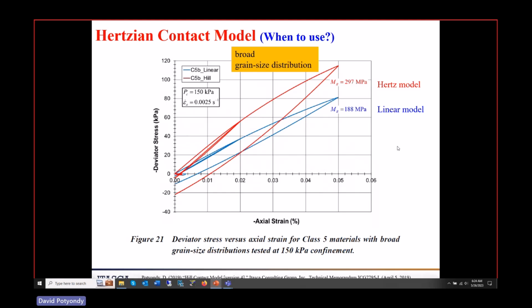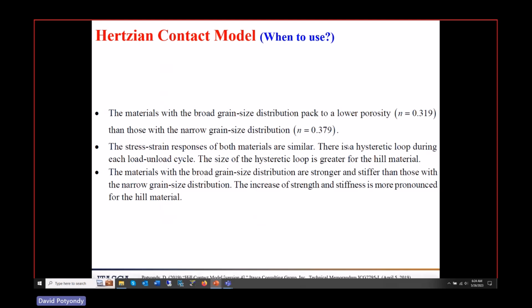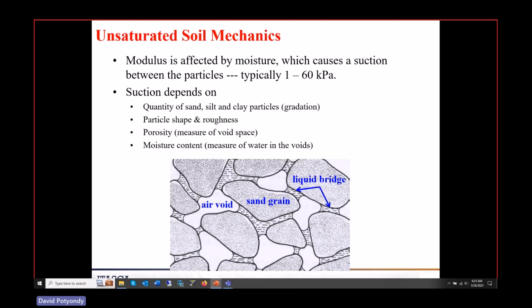The main reason is that if you have a narrow grain size distribution, you get a certain porosity. But if you put in a lot of small particles and big particles, they pack tighter and you get a lower porosity. And the porosity is a super important thing that controls the overall stiffness of the granular material. Keep that in mind, because it's going to affect what we do later on.